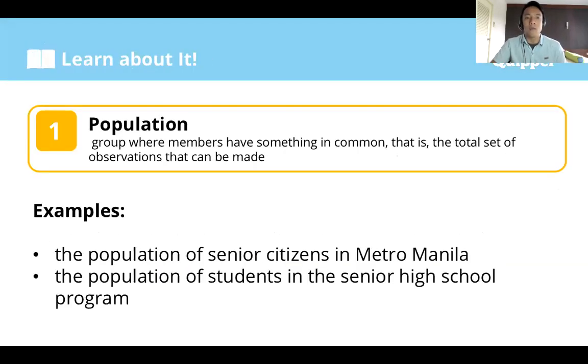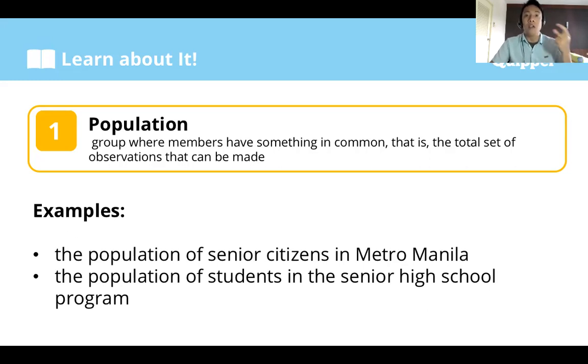Okay, let's start with our first word, the population. You need to list down all of these. When we say population, this is the group whose members have something in common. That is the total set of observations that can be made. For example, your research is all about grade 10 students in that school.